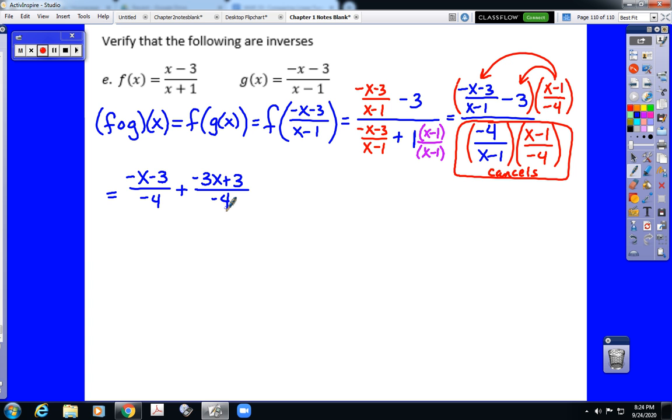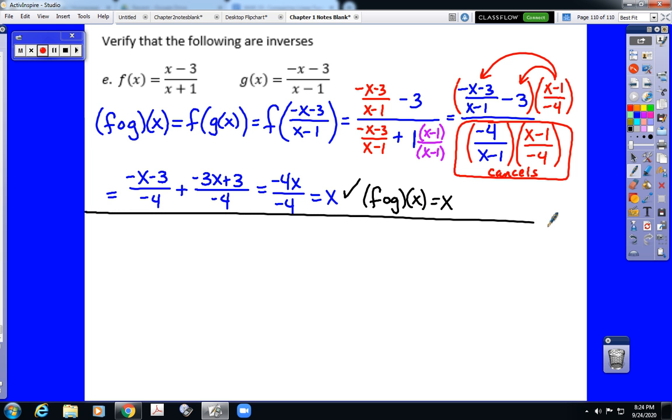We then add those fractions together because they have a common denominator of negative 4. Negative x plus negative 3x is negative 4x. Negative 3 plus 3 is nothing. Negative 4 stays the same. That is x. So there you can see that we have confirmed that f of g of x is equal to x. So we are halfway there.